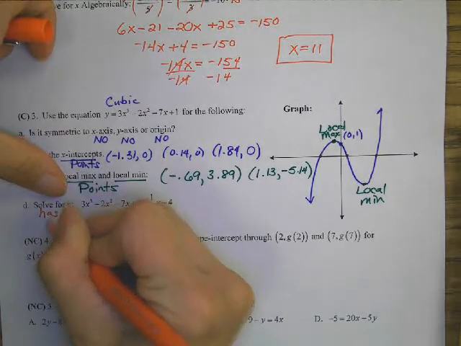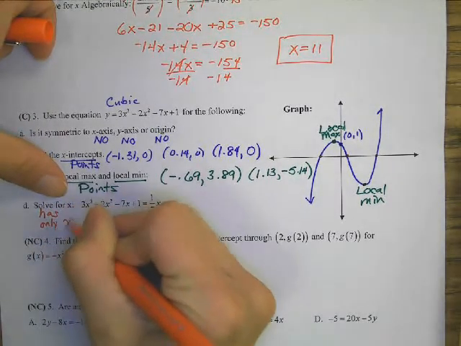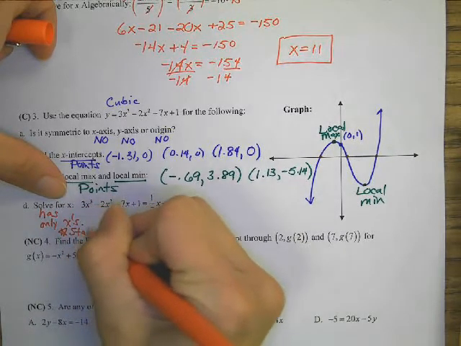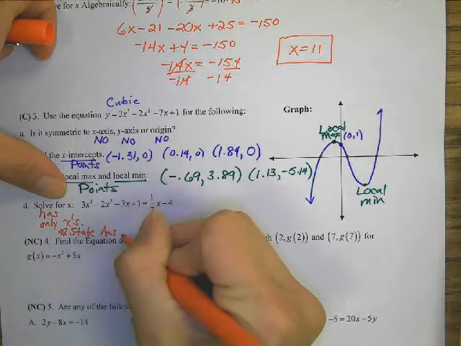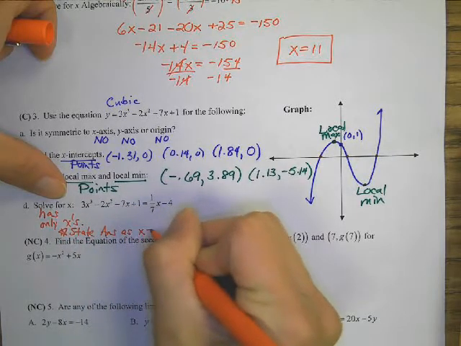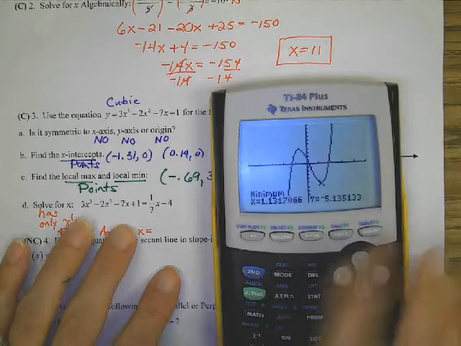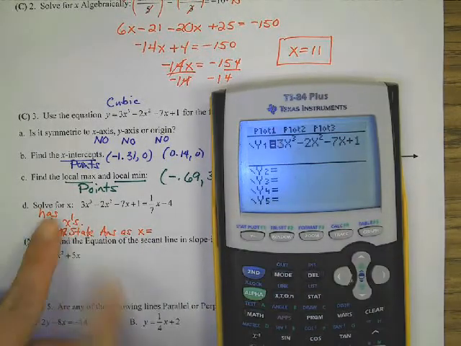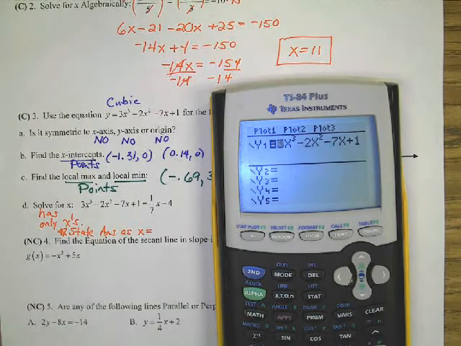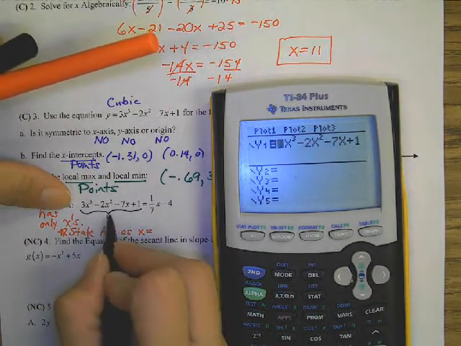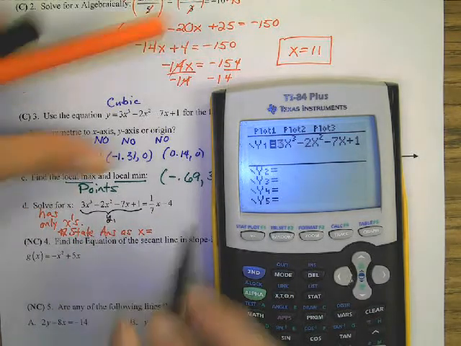What I'm going to do with my graphing calculator, though, is go to y equals. I'm going to type the left-hand side here. This equation is going to be y1. And then I'm going to type another equation right here, y2. Then my calculator is going to help me find where y1 equals y2.